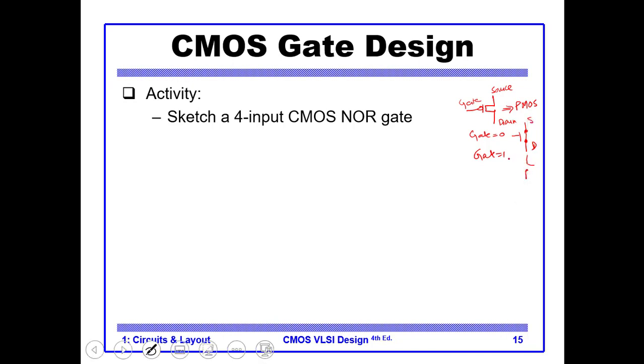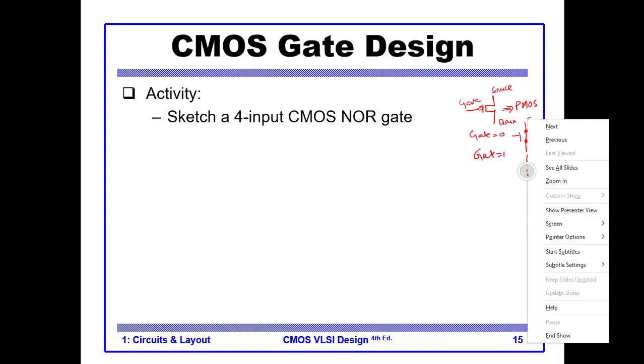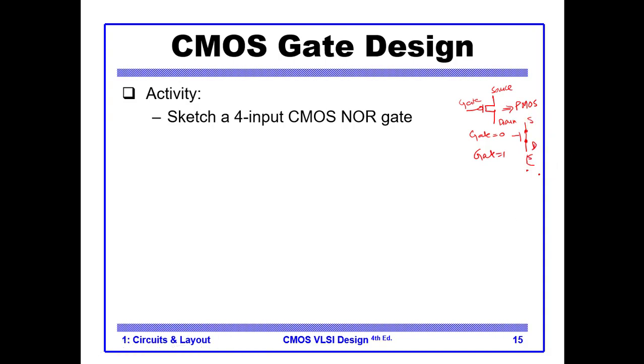The source and drain will be open. So this is the source, this is the drain. It will be an open circuit when the gate is 1. So this is PMOS.